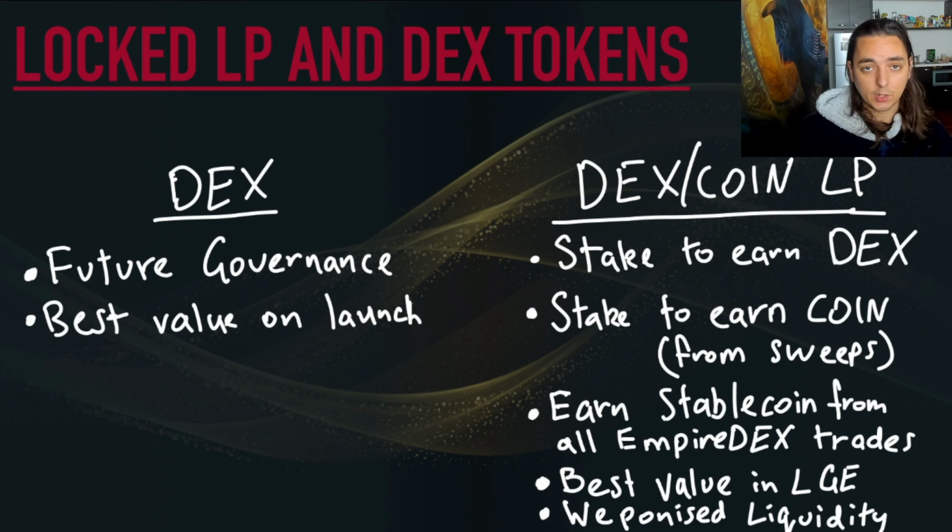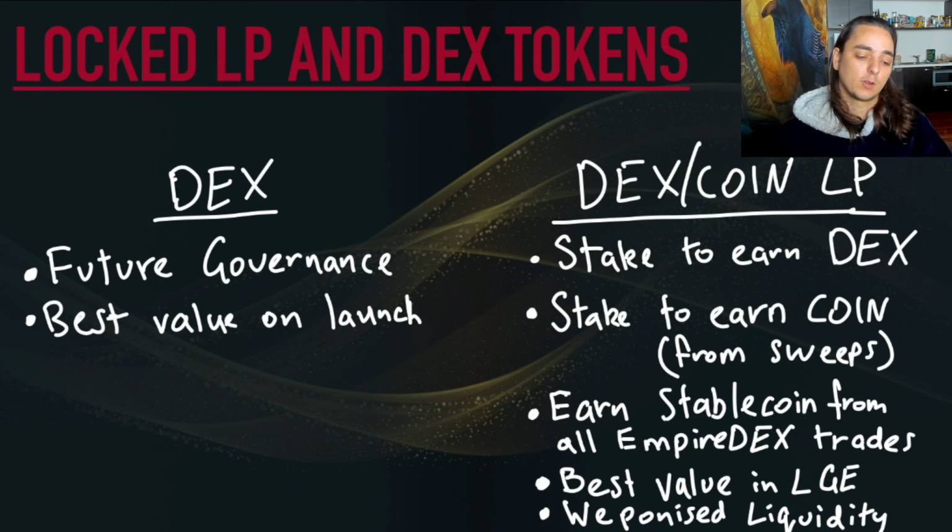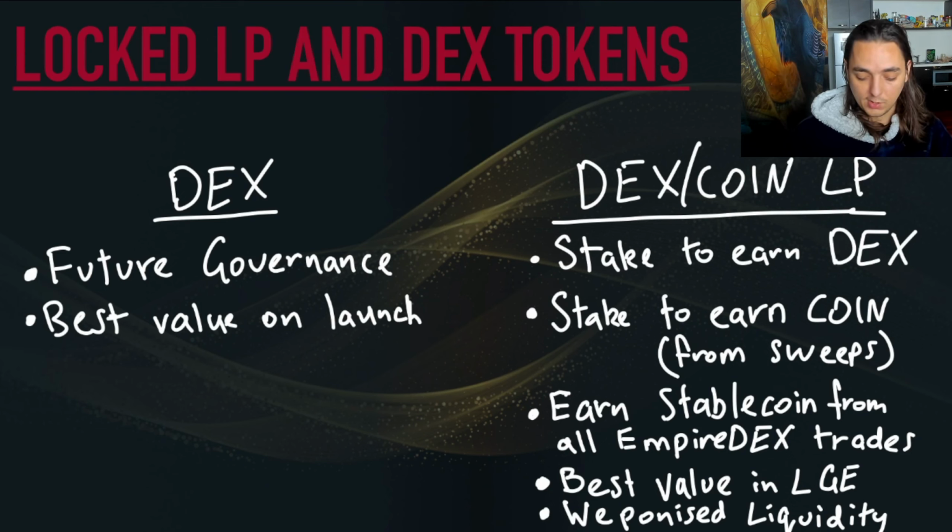So let's compare the two. Basically, the real value in the project is with these locked liquidity tokens, because the weaponized liquidity allows us to do so much. And we want to reward those people that contribute to this locked liquidity. So with your DEX coin LP, you can stake it to earn more DEX in those liquidity pools that I mentioned that run for a year and a half.